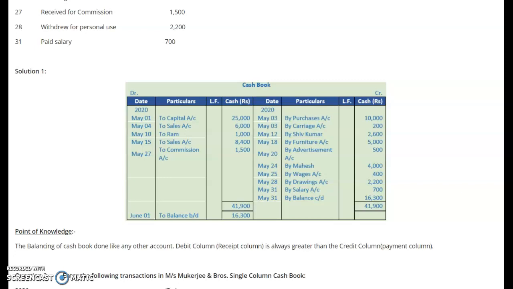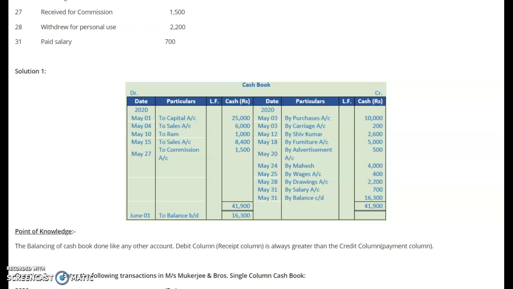Now please understand that this is known as the debit side or receipt side, which means this side will record all the cash receipts. This side is known as the credit side or the payment side, and this will record all the payments which are made in cash. Please understand that it is a simple cash book, as the heading is given, cash book of only one column. When we prepare the two column cash book, we will add one more column, that of the bank, to the debit side as well as the credit side.